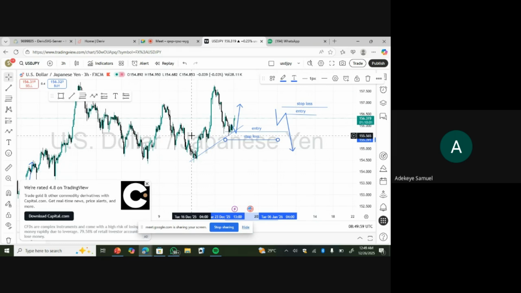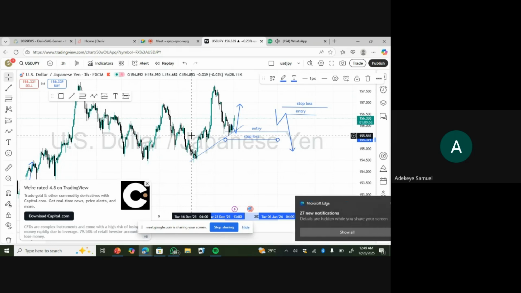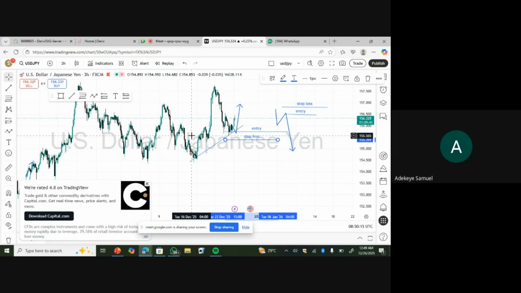Stop loss is very important because it is very hard to lose the hard-earned money that you struggled to get. For those in a country like Nigeria, it is very hard to raise capital, and you lose it to the market.